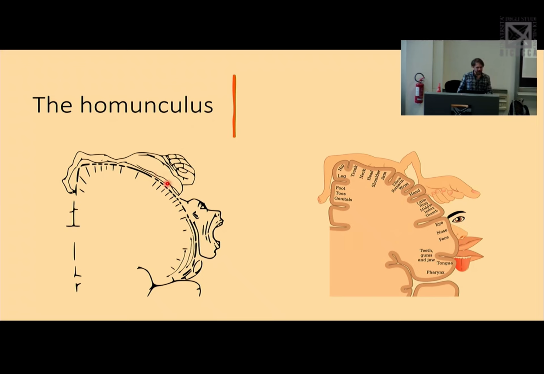So you see that the hand occupies quite a lot of the area of the brain cortex. And indeed, we have extremely fine motor control on the hand, and sensitivity to stimuli on the hand, while on our back we have extremely little sensitivity.